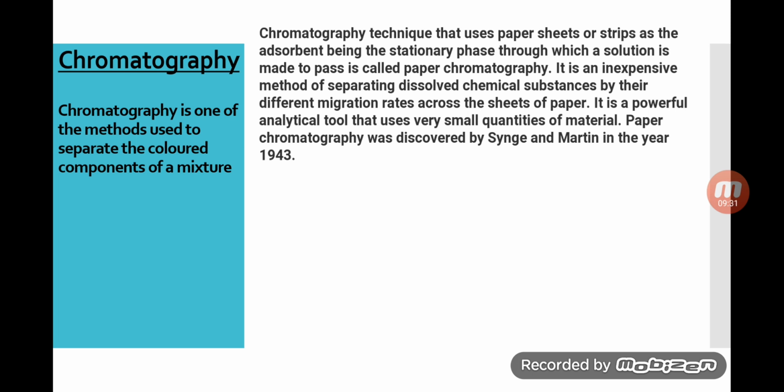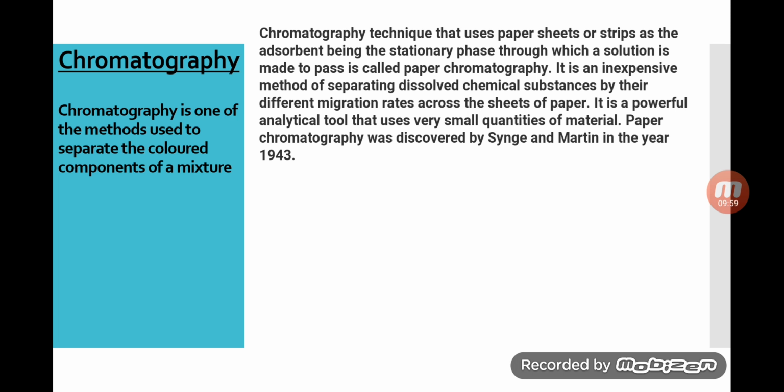It is an inexpensive method to separate dissolved chemical substances by their different migration rates across the sheet of paper. It is a powerful analytical tool that uses a very small quantity of material.